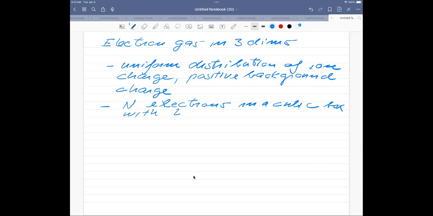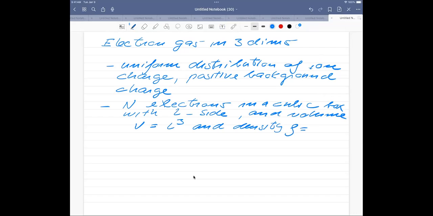This is the side, and the volume obviously has to be equal to L cubed. And that gives us a density rho, which is given by the number of electrons divided by L cubed.